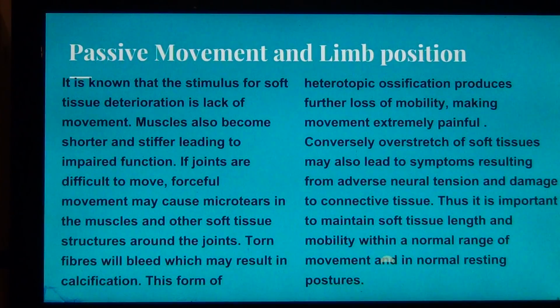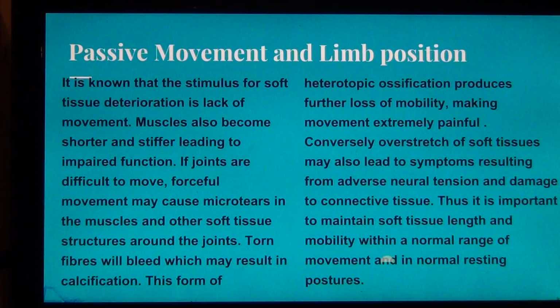Passive movement and limb positions. It is known that the stimulation for soft tissue deterioration is lack of movement. Muscles also become shorter and stiffer, leading to impaired function. If the joints are difficult to move, forceful movement may cause micro tears in the muscles and other soft tissue structures around the joints.